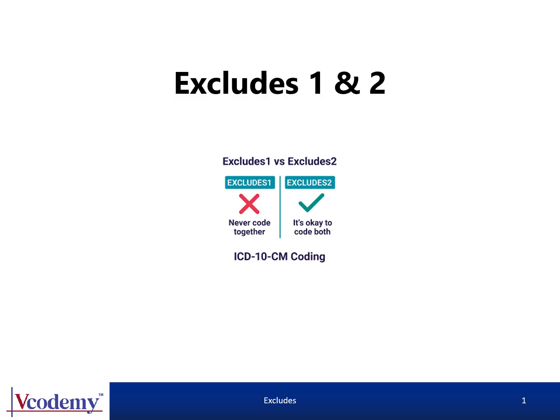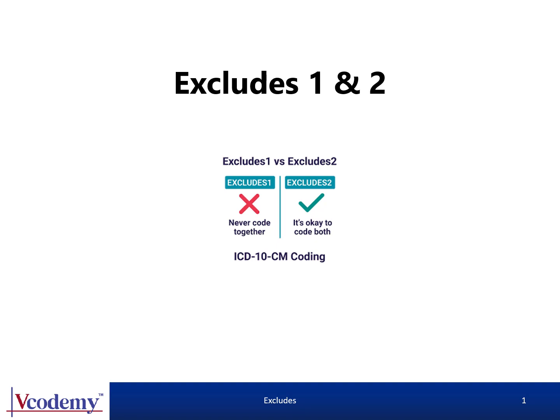Today, in this video, we are going to see an important ICD-10-CM convention, which is Excludes 1 and Excludes 2. Excludes 1 and 2 are coding conventions in ICD-10-CM. This convention applies to all codes in the ICD-10 book.